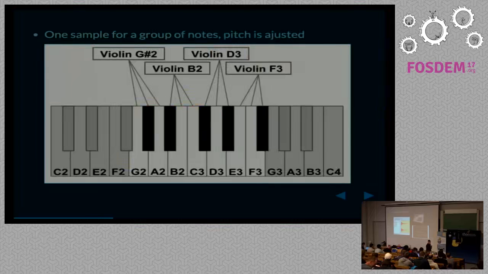And you can have a mix between the two, where a note has a sample, and for example, I start from G2, and from G2 to B2, it will be the same sample but pitch adjusted.